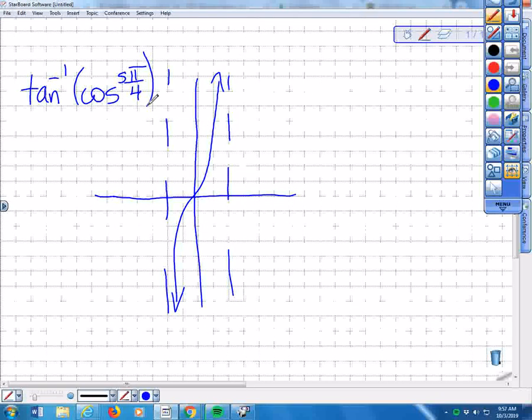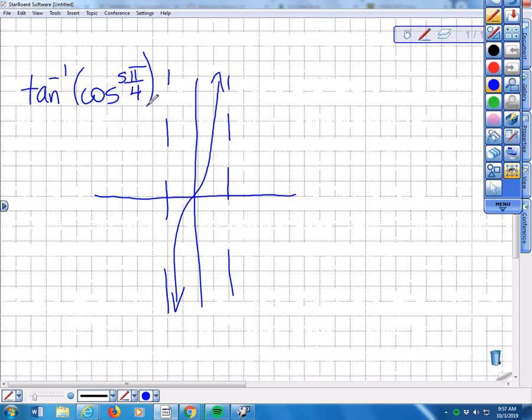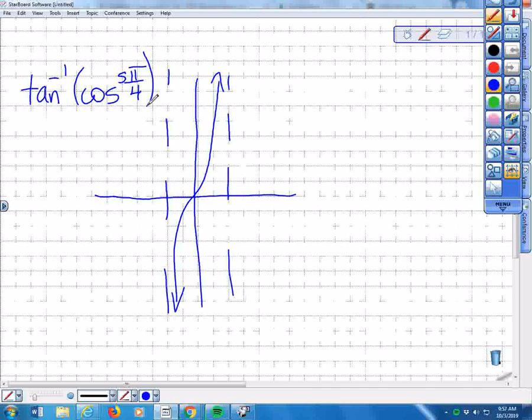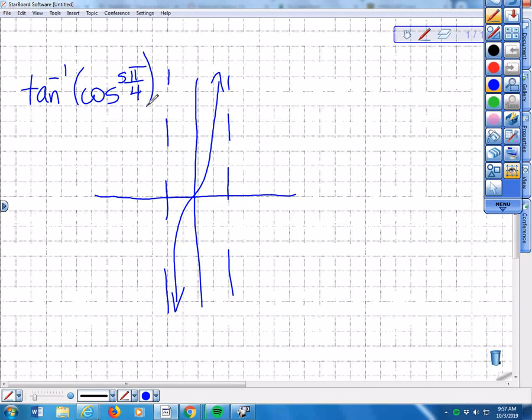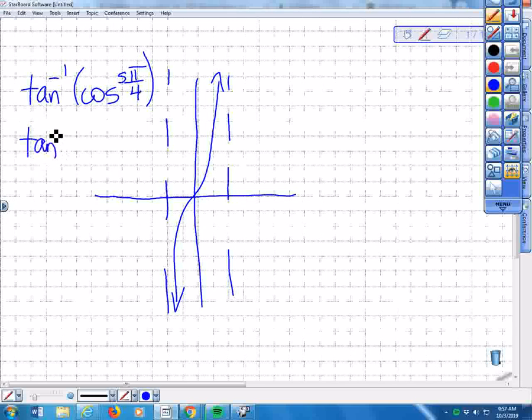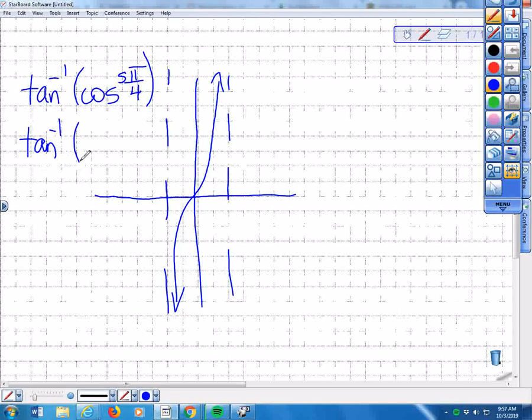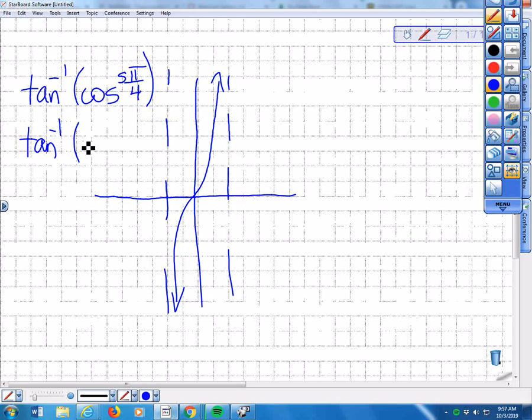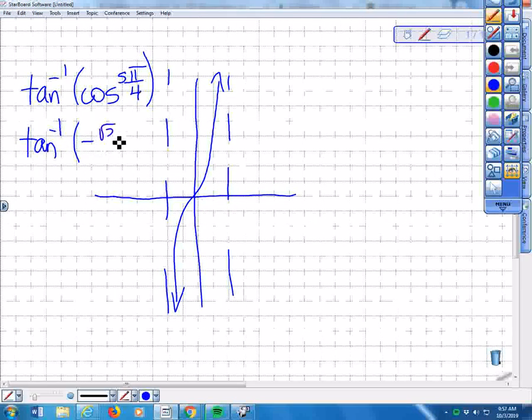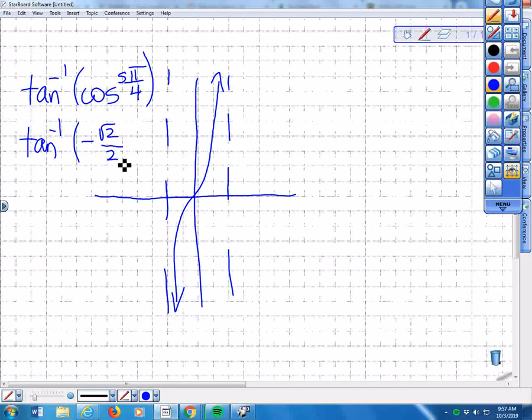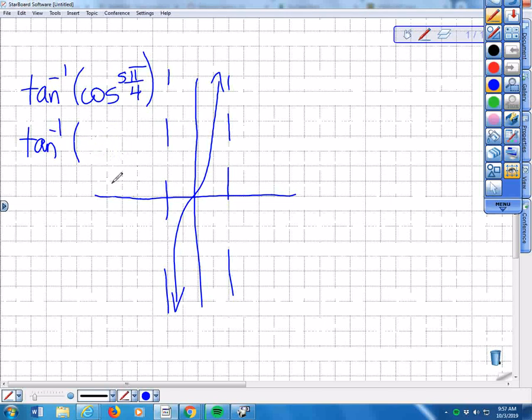Pi over 4. What's cosine of pi over 4 in the third quadrant? Root 2 over 2. Negative, though, because it's the third quadrant. So now I'm doing inverse tangent of what?